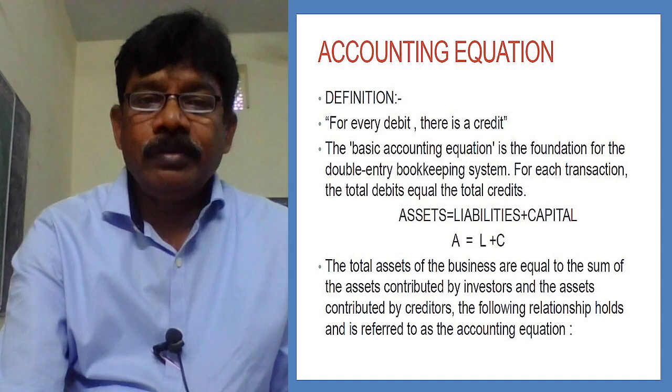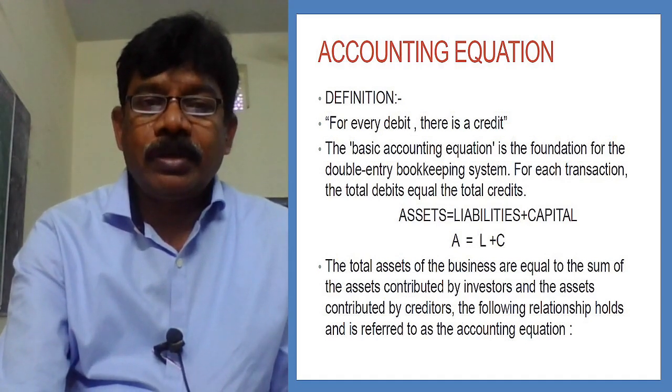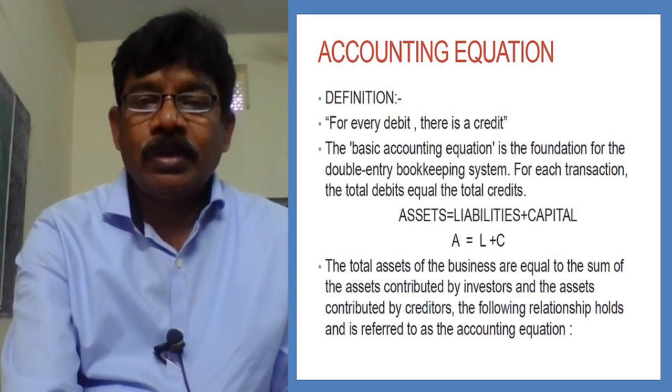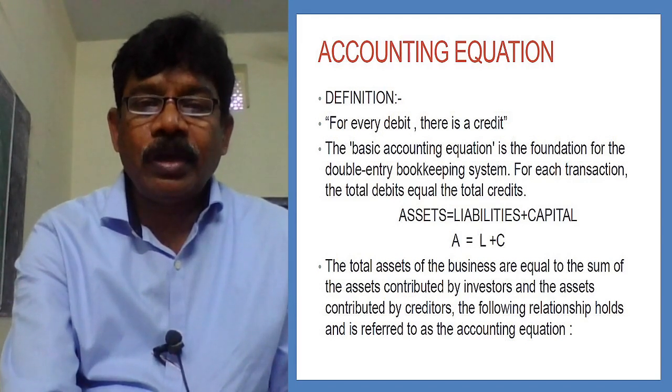What is the journal entry? Cash account debit to capital account. Cash is an asset, capital is a liability. Put the two accounts in our accounting equation: cash 2 lakhs is equal to capital 2 lakhs. The equation is equated. Both debit and credit are equal.